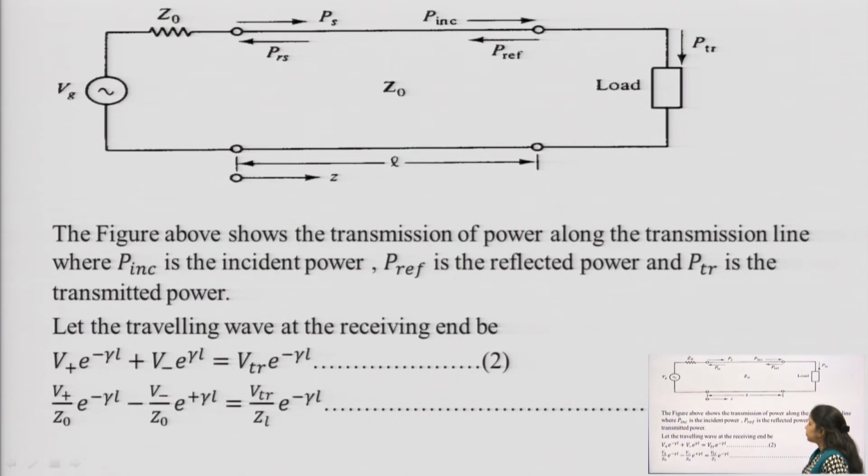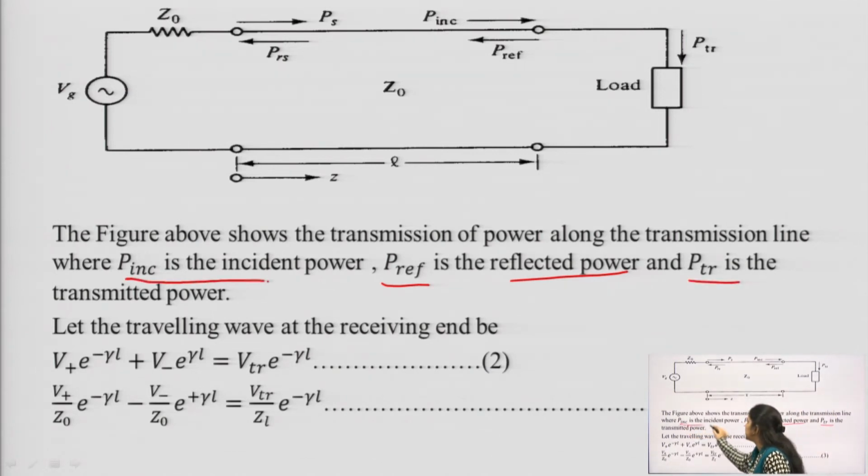This is again our transmission line diagram, and P ref is our reflected power, PTR is our transmitted power, and PINC is our incident power. Now, the equation of the travelling wave at the receiving end will be V plus e to the power minus gamma L, which is our incident, plus V minus e to the power gamma L is equal to VTR e to the power minus gamma L.